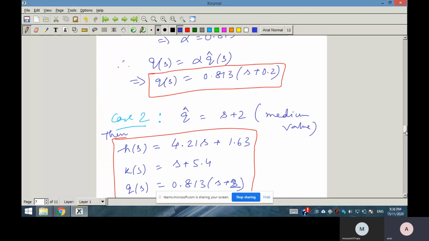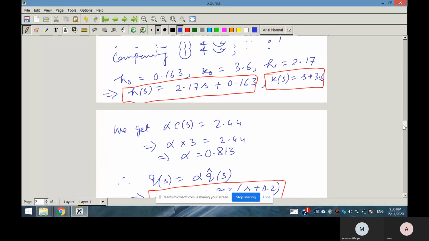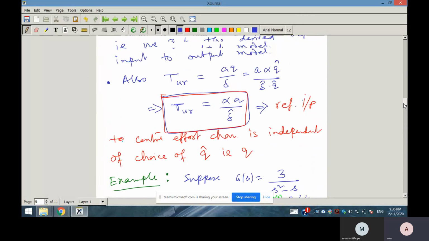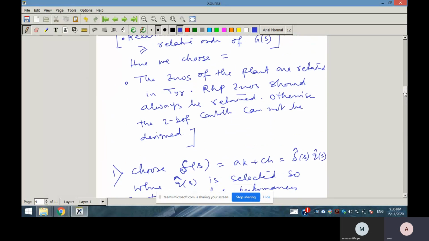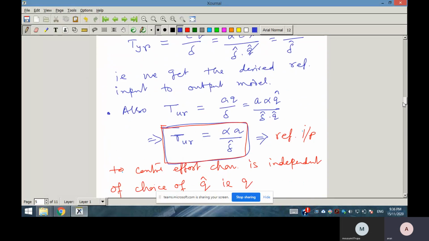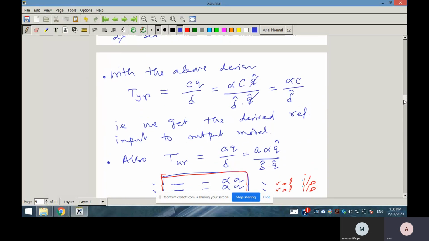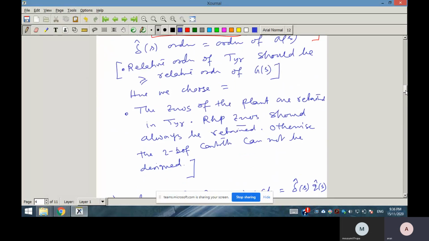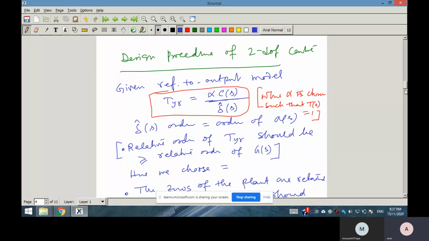So now we will switch to PID control later, but just now I will explain the design approach again. First a plant is given to you.